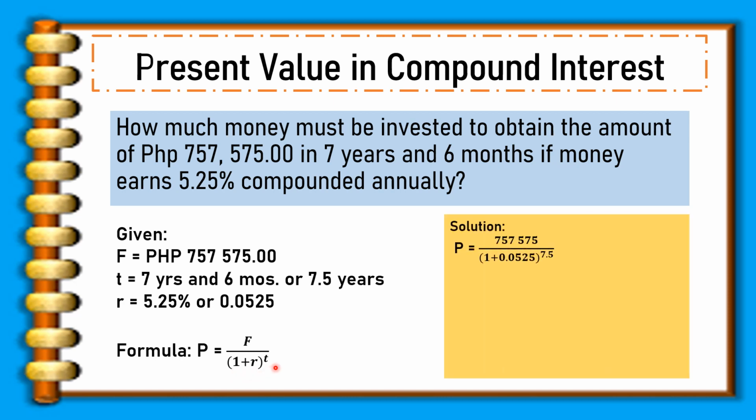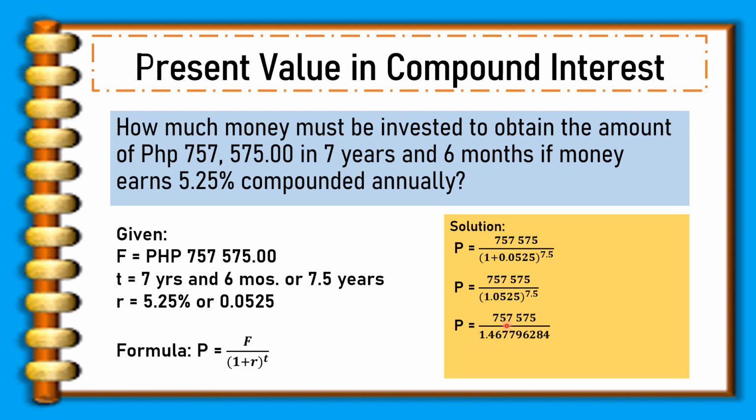For the solution, replace F by 757,575, r by 0.0525, and t by 7.5. Simplify numbers in the denominator. 1 plus 0.0525 is 1.0525 raised to 7.5. And that is equivalent to 1.4677968284.